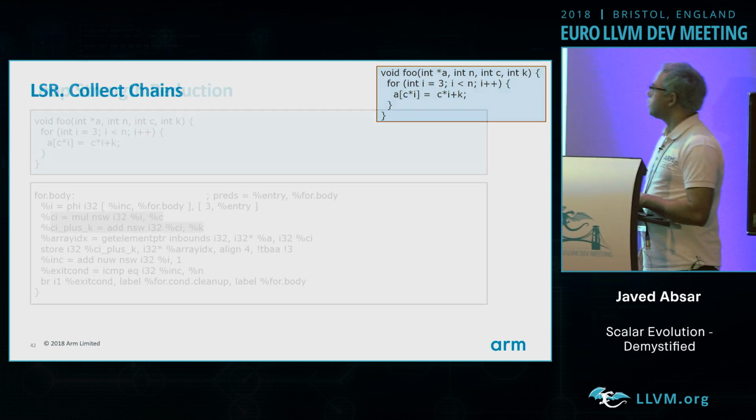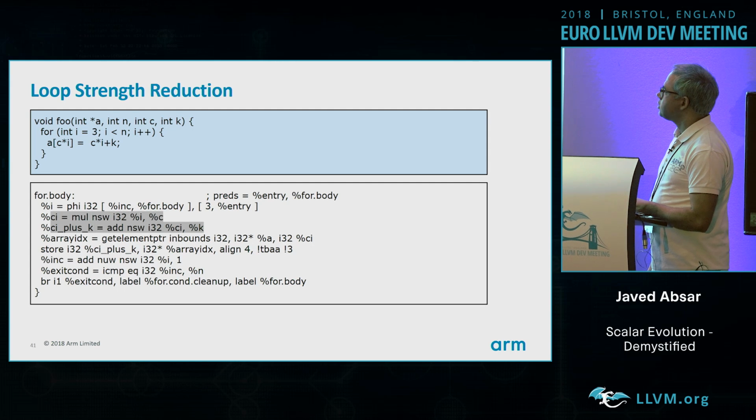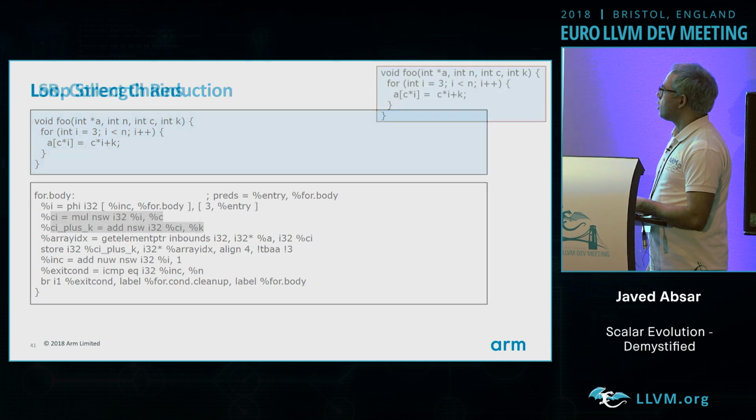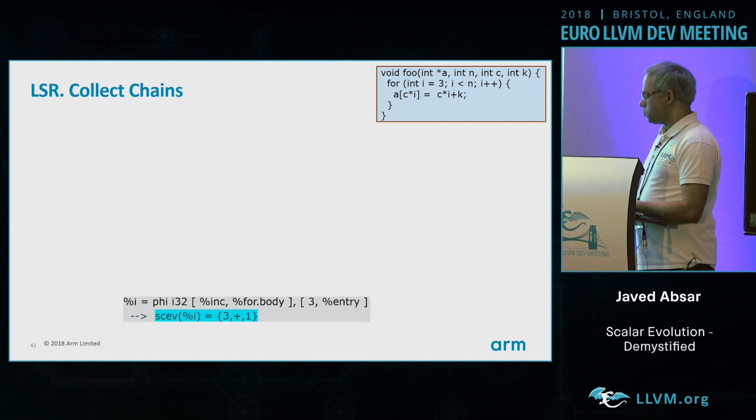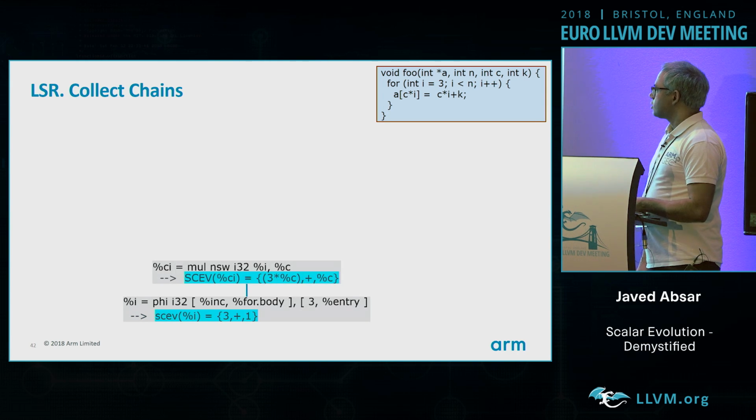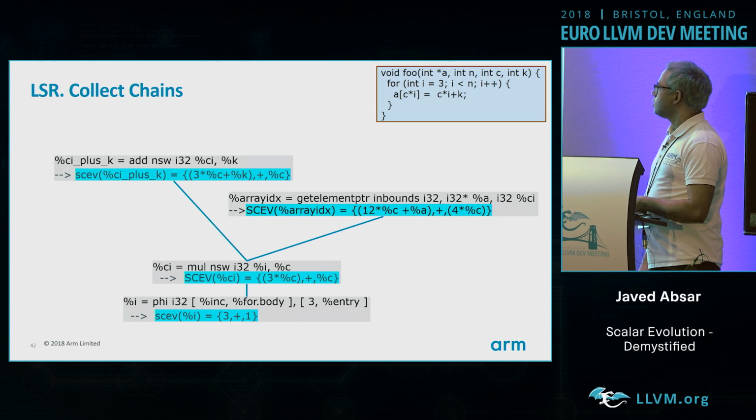So, sorry, go back to here. So you got a C times i, Ci plus K. That's all we need to care about right now, Ci and Ci plus K. So it comes here, it has the SCEV for i, the SCEV for Ci, it just folds it, so that's your SCEV expression.